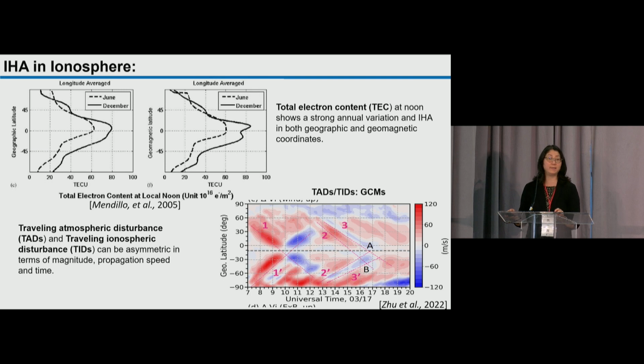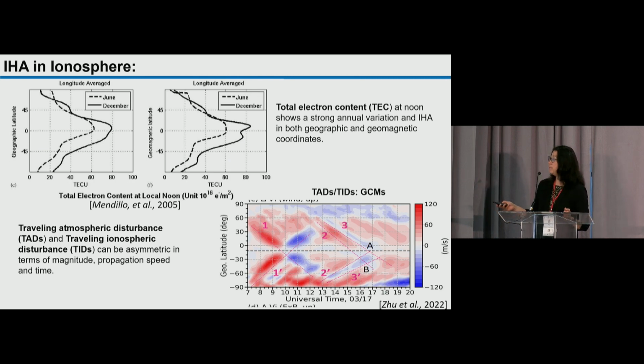And how can we explain that? Another thing is tides and TADs, traveling atmospheric disturbances, and TIDs, traveling ionospheric disturbances. They can be quite asymmetric in many different ways. First of all, the magnitude could be asymmetric, and also the propagating speed and time could show asymmetry as well. Those asymmetries could be due to multiple reasons.